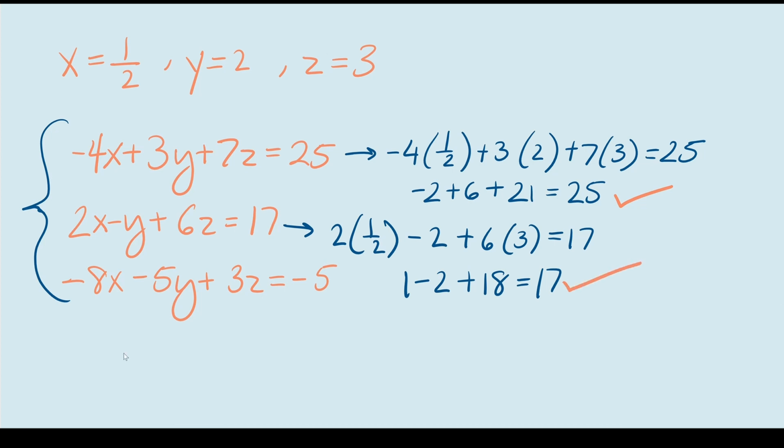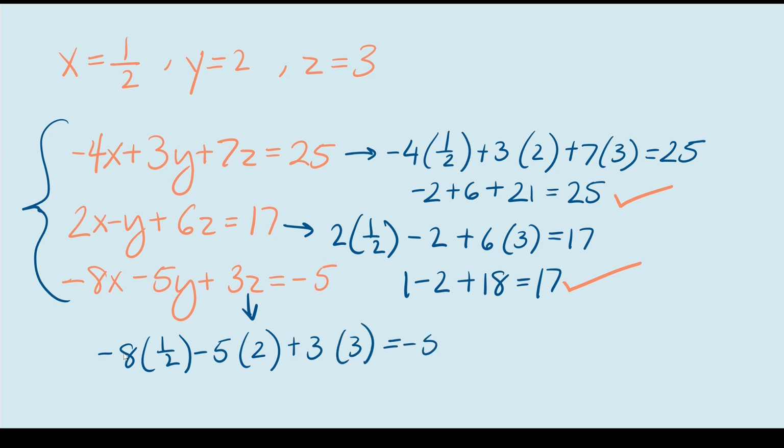Okay, so now for this last one, we have negative 8 times 1/2 minus 5 times 2 plus 3 times 3 equals negative 5.